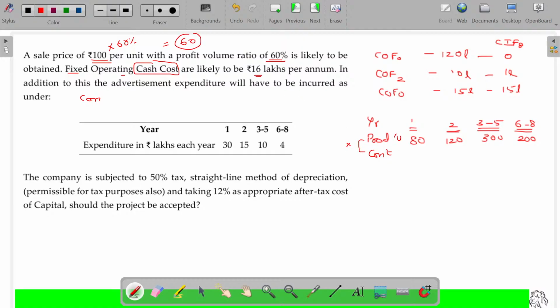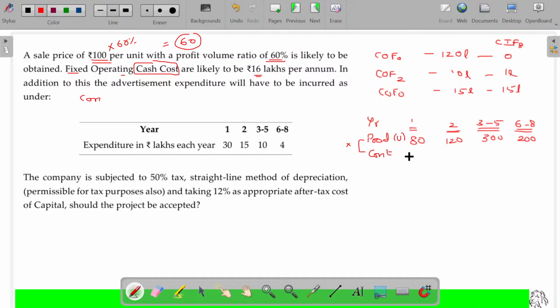Multiply the number of units produced with ₹60 to find out the contribution. You can produce and sell 80,000 units in the very first year. For every unit, you get ₹60 contribution. Else, you have to multiply with 100 and calculate 60% separately, but you can directly calculate 60%.